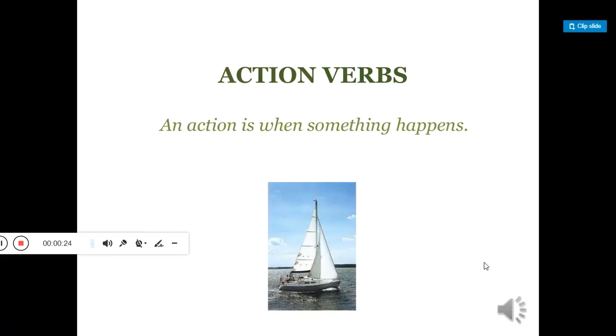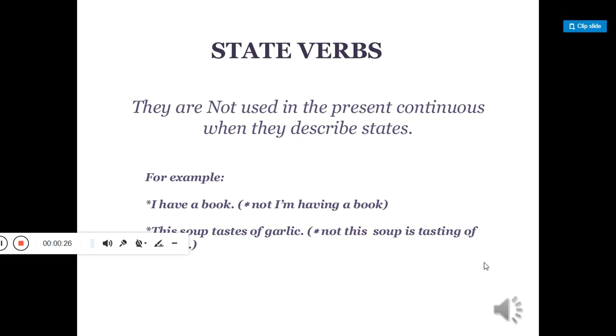An action is when something happens. State verbs are not used in the present continuous when they describe states. For example, I have a book, not I am having a book. This soup tastes of garlic, not this soup is tasting of garlic.